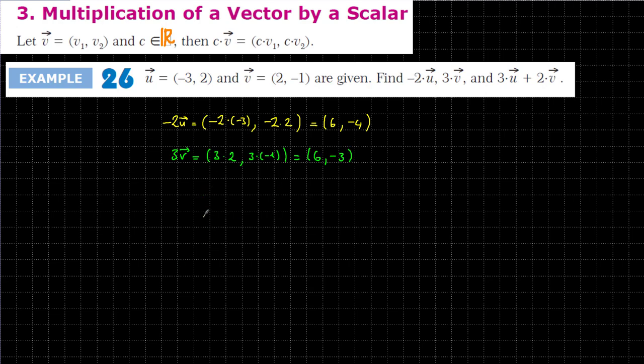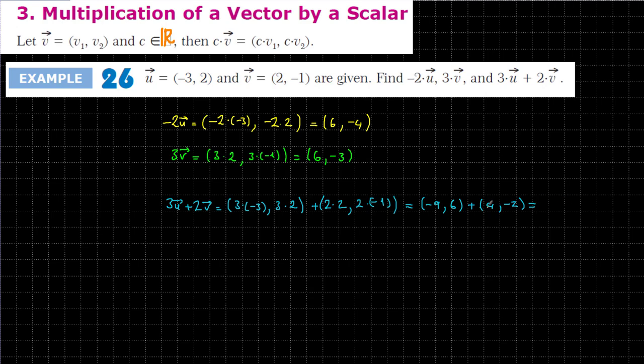And the last one, 3u plus 2v. It is not a difficult operation. 3u plus 2v is equal to 3 times u, whose elements are minus 3 and 2, plus 2 times v, which is 2 and minus 1. 3 times minus 3 is minus 9, 3 times 2 is 6, 2 times 2 is 4, and 2 times minus 1 is minus 2.